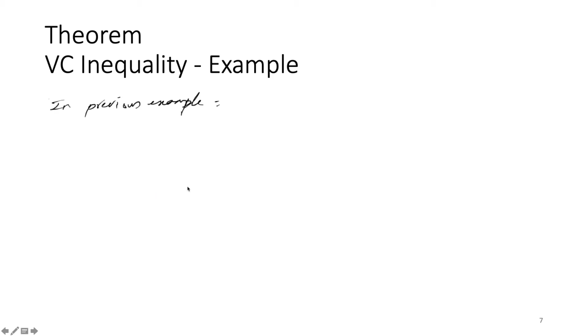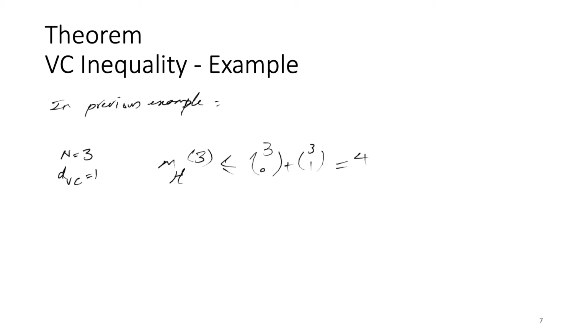All right. So in the previous example, that VC inequality, say you have n as 3 and VC dimension was 1, right? So we can say using this inequality that the growth function using these 3 points is always smaller than or equal to the combinatorial, so the selection of 0 and 3, 1 and 3, which is equal to 4. And we saw that already in our example, right?